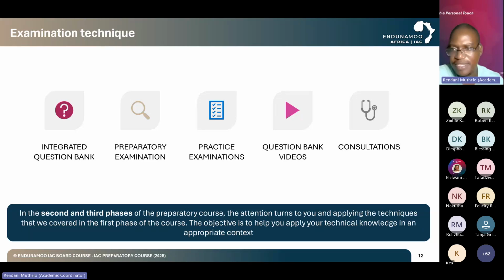So Happy, please clarify on the IAC preparation. What is XRSA? The program is offered to Namibian candidates that sit for the ICAN exam, that's the Institute of Chartered Accountants in Namibia, and also ICAS, which is the Institute of Chartered Accountants in Zimbabwe.